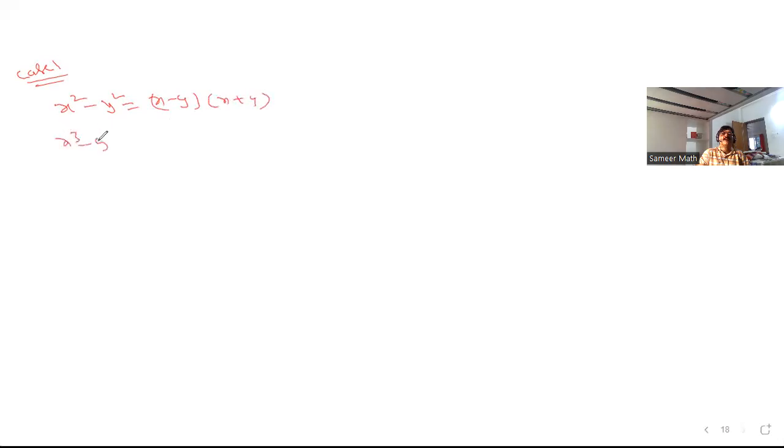Suppose I write x cube minus y cube, you will get x minus y into x square plus xy plus y square. Gradually the x power decreases by 1, and at the same time the y power increases. Similarly for x to the power of 4 minus y to the power of 4.